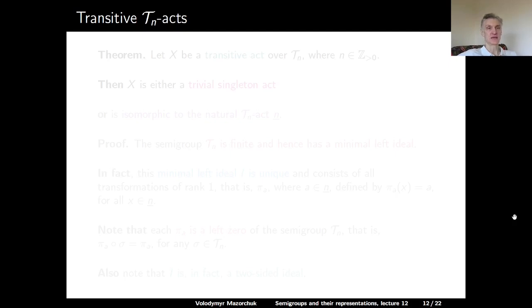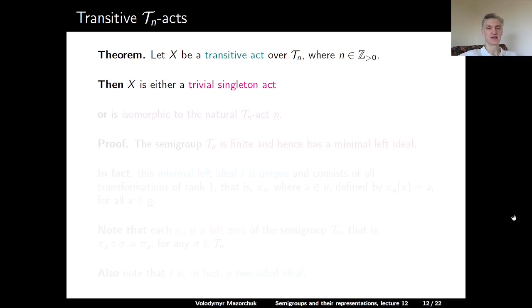Next, let us classify all transitive acts over the full transformation semigroup Tn. Theorem: let X be a transitive act over Tn where n is a positive integer. Then X is either a trivial singleton act or is isomorphic to the natural Tn-act, so that's Tn acting on the set 1, 2, 3 and so on all the way up to n, which we denote by n underlined.